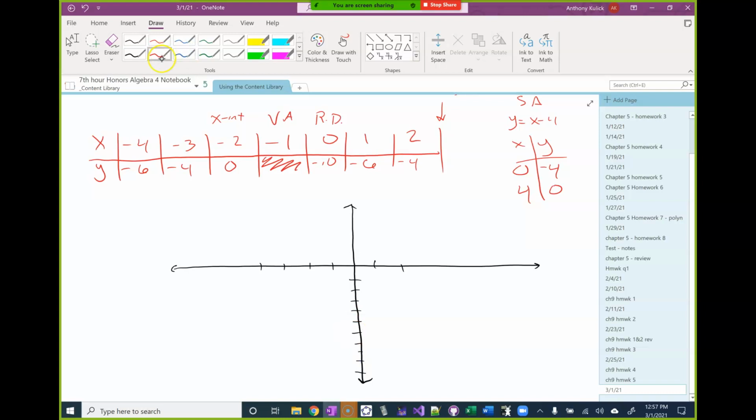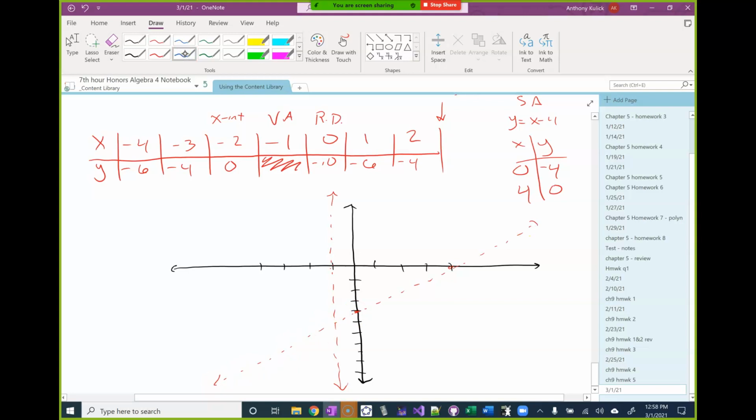And then let's put in our asymptote. So -1 is my vertical. And then 0, -4. And then 4, 0. So there's my slant asymptote. Everybody so far so good?